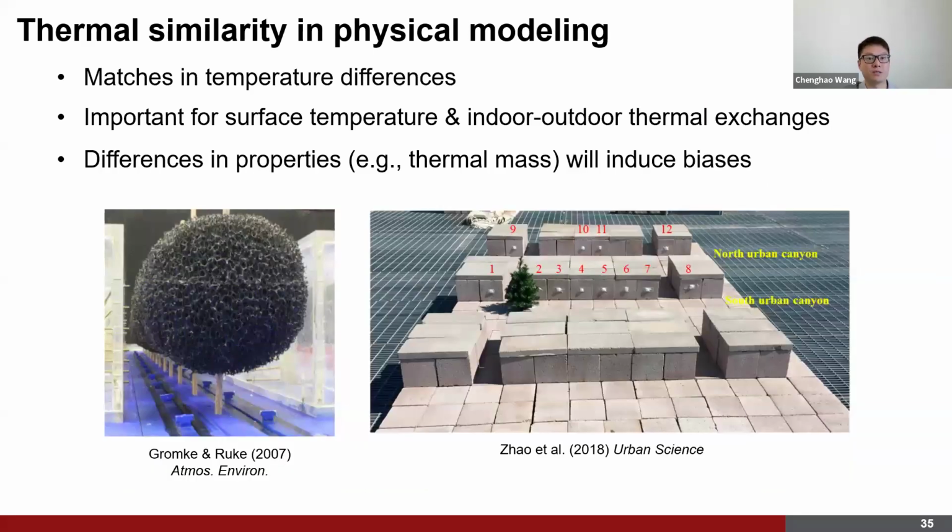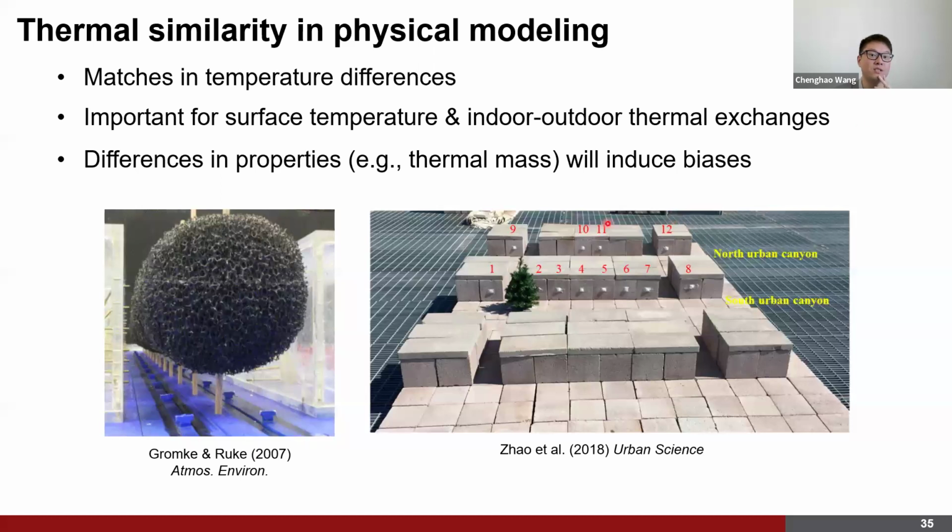The last one is thermal similarity, which aims to mimic heat transfer or temperature changes of a surface or a material. This is important if we want to measure temperature or heat exchanges. But the materials we use can sometimes introduce large biases.